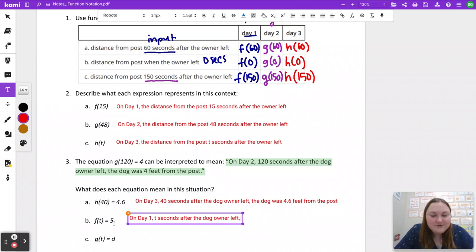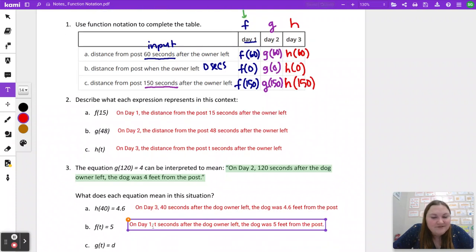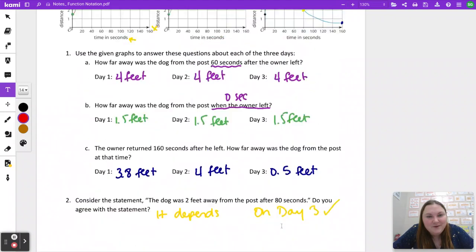The 5, though, I do know that's my output. I do know that's my distance. So I could say on day 1, T seconds after the dog owner left, the dog was 5 feet from the post. So maybe I wanted to give that to you and ask you to figure out what time is that. If we looked at that graph on day 1, could you figure out the time where the dog was 5 feet from the post?